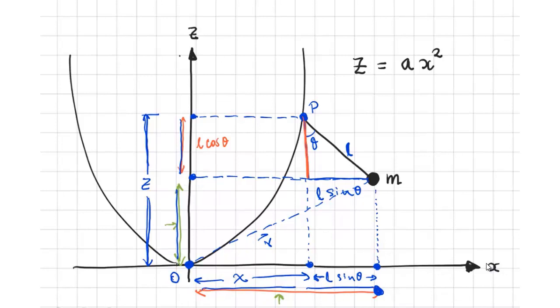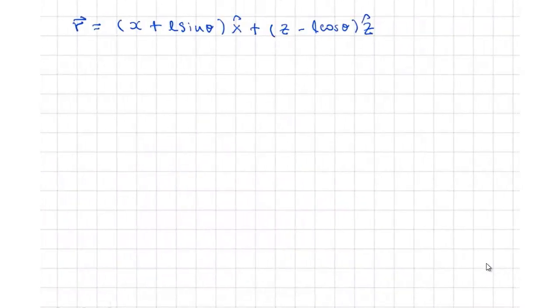So the position of the particle is this, where theta is the angle between the z-axis and the pendulum string. And according to the problem, the equation of the parabola is z equal a x squared, where a is a constant parameter.